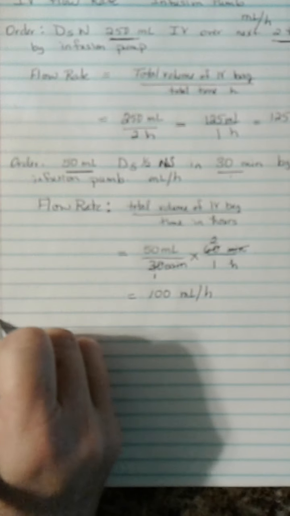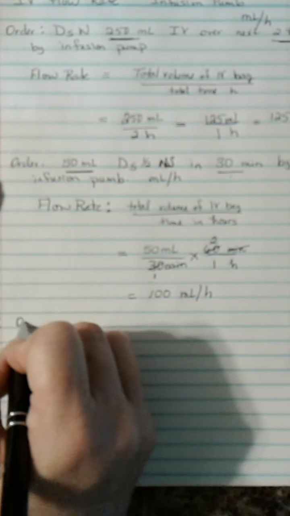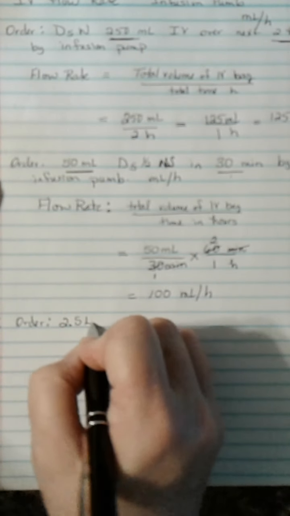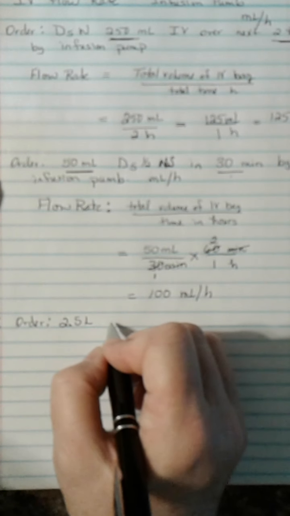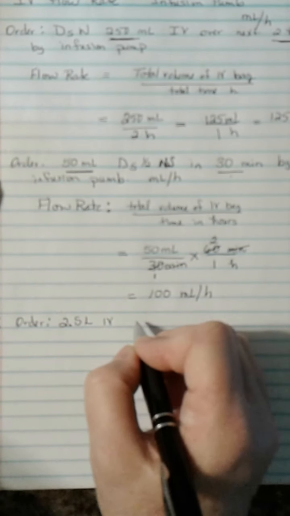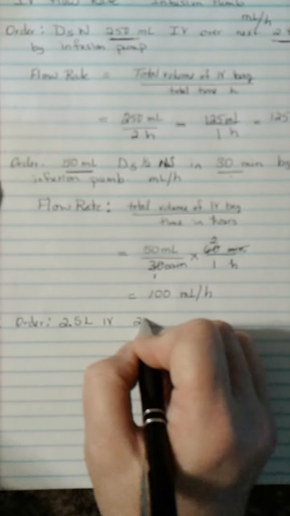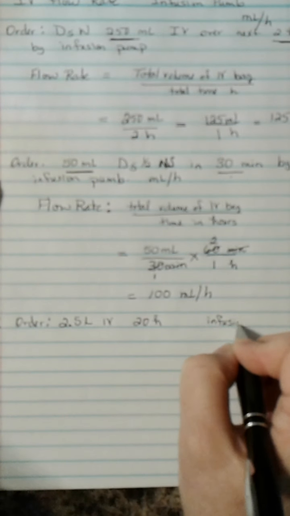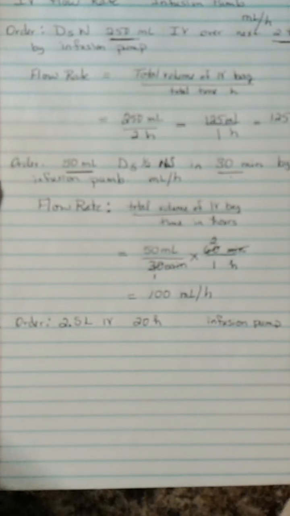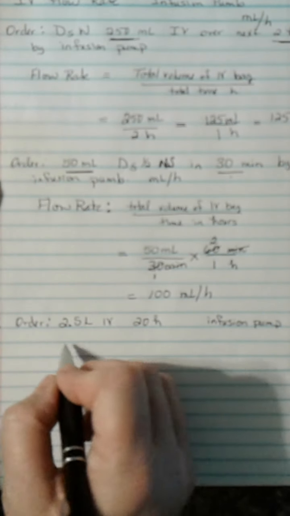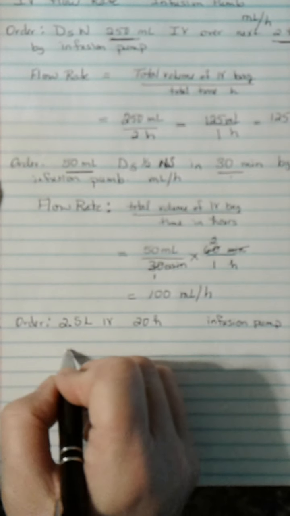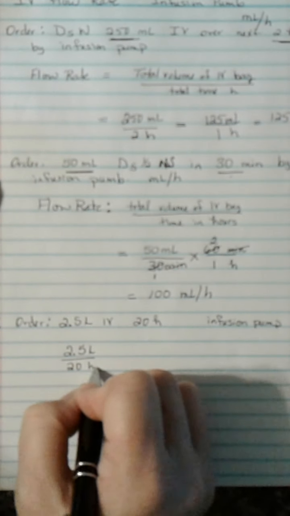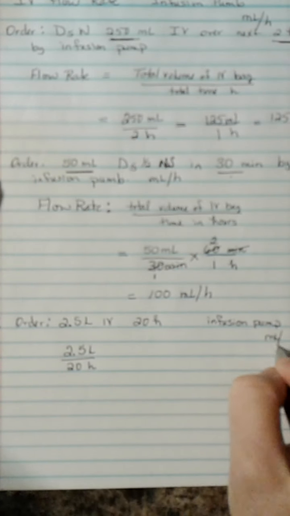Number 5 is the same way. The order is for 2.5 liters IV over 20 hours, in an infusion pump. I'm going by my notes, so I didn't write it all out. I know I have 2.5 liters, that's my total volume, over 20 hours. But remember, my infusion pump is milliliters per hour.